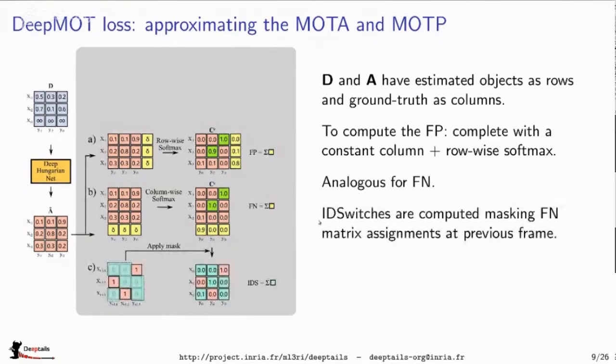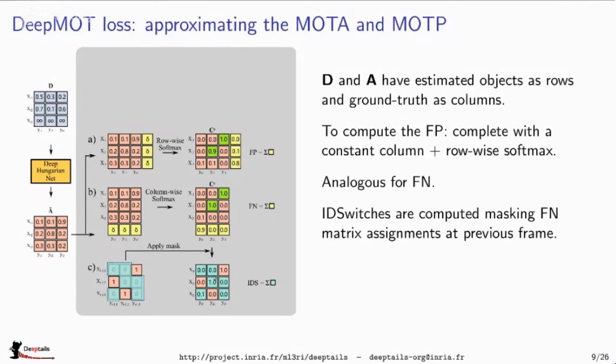The identity switches use the matrix that was computed with a column-wise softmax, but it is masked by the previous assignments, so the assignments that were done at time t-1, at the previous frame. If the assignments are shown in red, and the non-assignments at the previous time frame are shown in blue, what we are going to do is take the current matrix, mask it with the blue, and then sum over the blue squares.